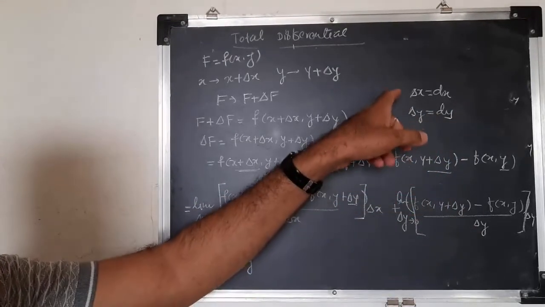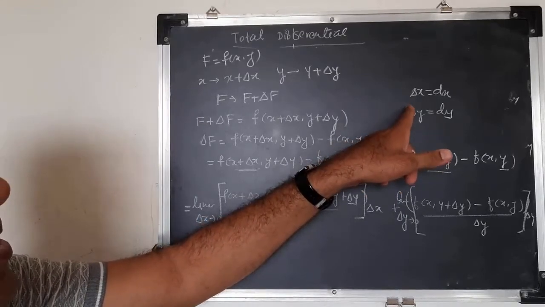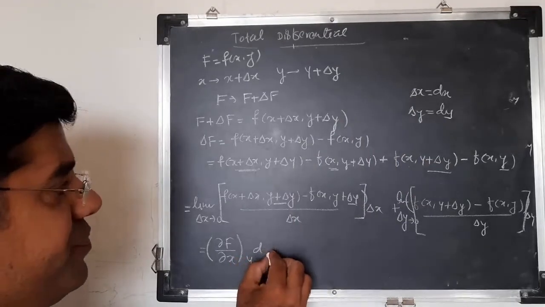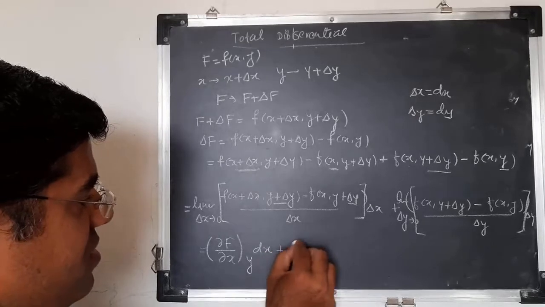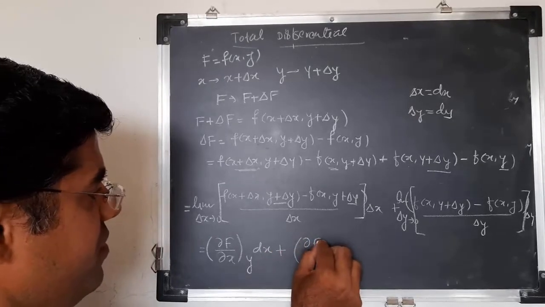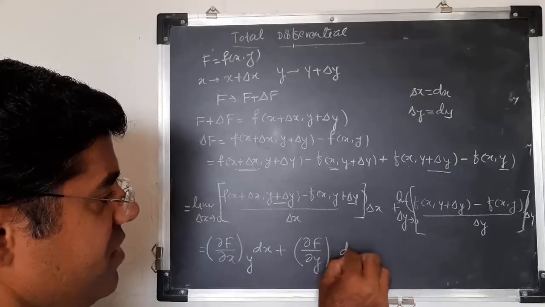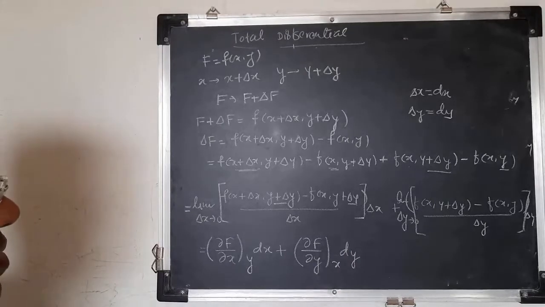We have defined this term for the independent case, and in case of a 2D function we have defined it too. So this is delta f by delta x times dx, plus delta f by delta y times dy.